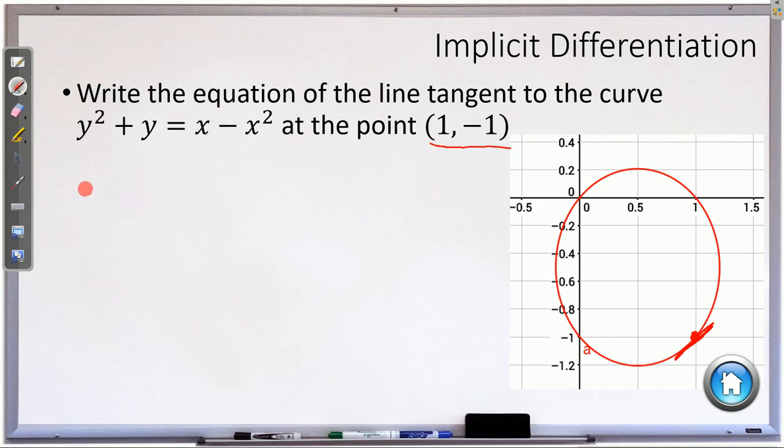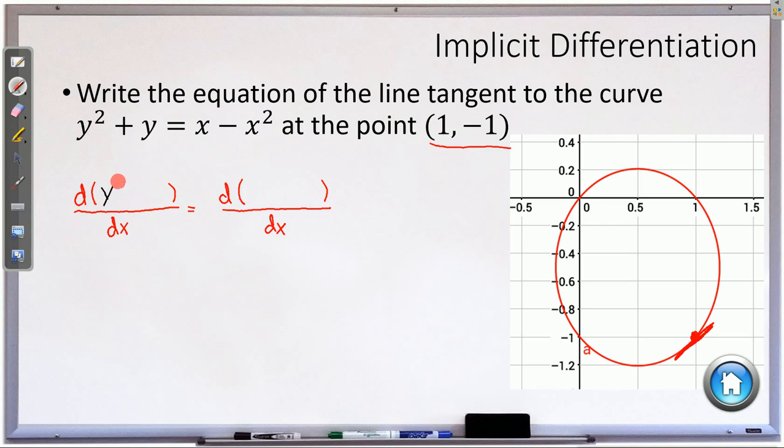So we're going to take the derivative of the left with respect to x, and we're going to take the derivative of the right with respect to x. There we go.